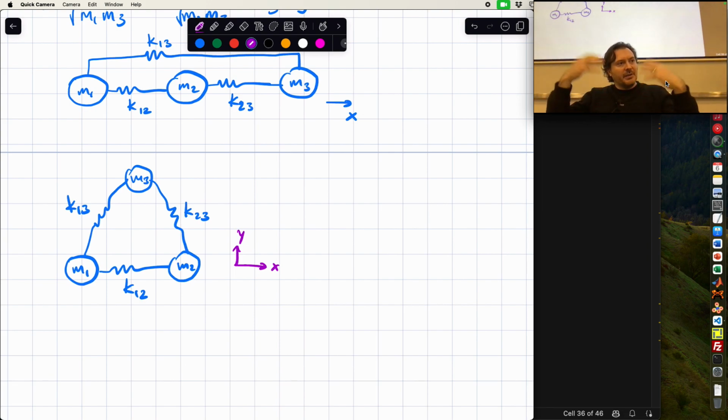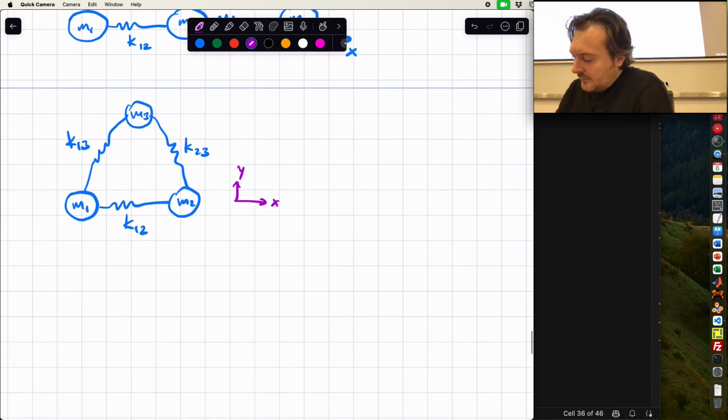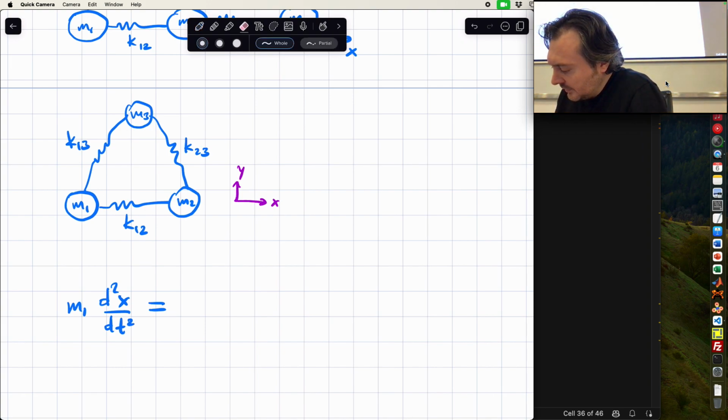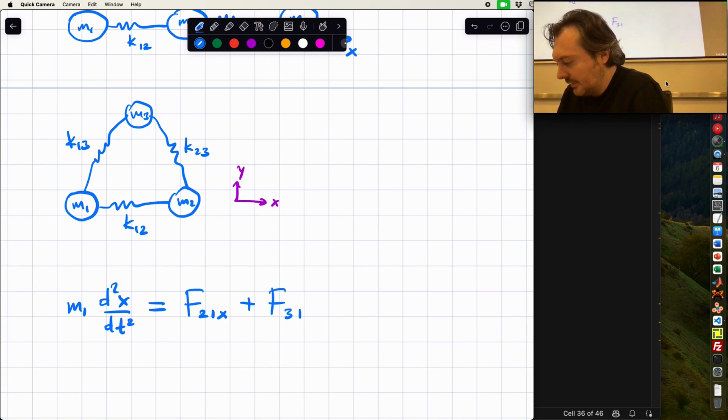No anharmonic effects, no x cubed, no x to the 4th, etc. So in that case, you have something like this: M1 d squared x over dt squared is equal to all the forces in the x direction. So the force from the second object to the first object in x direction plus the force coming from the third object to the first object in x direction, right?